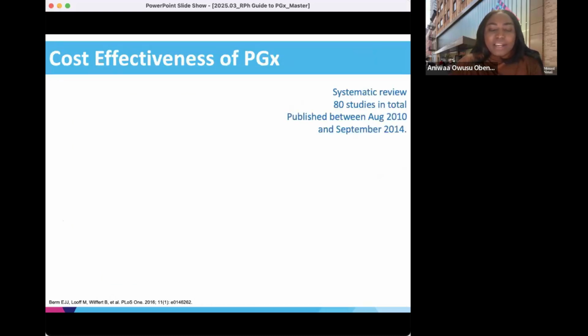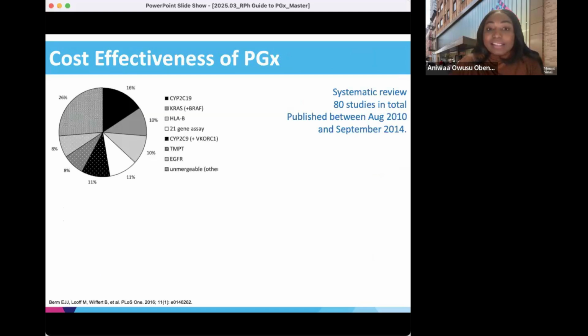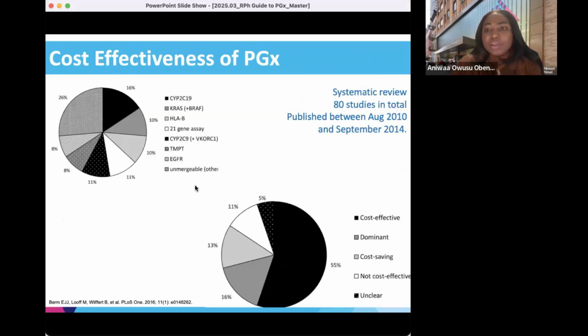So what about cost effectiveness of pharmacogenomics? In this systematic review of about 80 studies, they looked at the cost effectiveness of these other genes that are listed here. This was between August 2010 and September 2014.